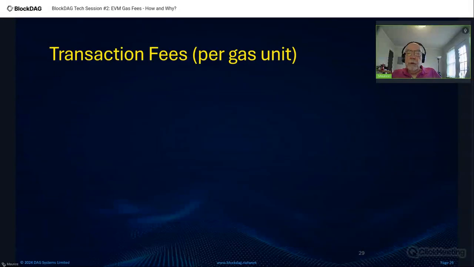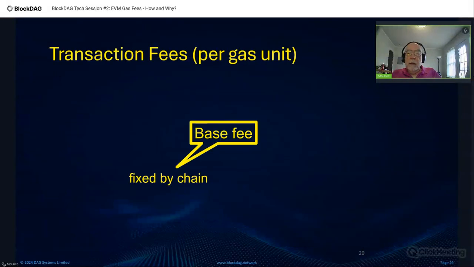So how do transaction fees work? Well, in Ethereum, there's now two parts. So forget all that business about setting your own gas price. That no longer holds. There's a base fee that you pay that's fixed by the chain. And the next thing we'll talk about is how that base fee is fixed by the chain. And then there's the tip, fixed by the user.